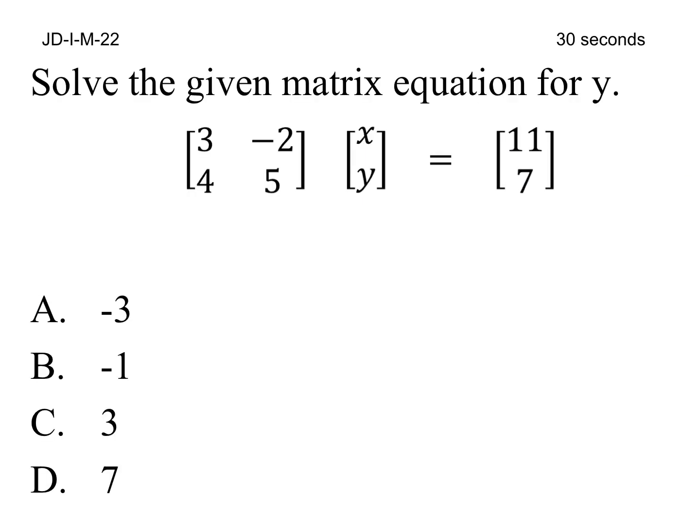22, they want us to solve the matrix equation for y. There's a way we talked about working this out algebraically, so we could go through that. Just to mention here, another option would be using Cramer's rule. With Cramer's rule, first of all, we're just going to do the determinant of this matrix.